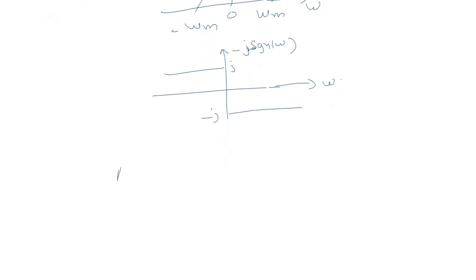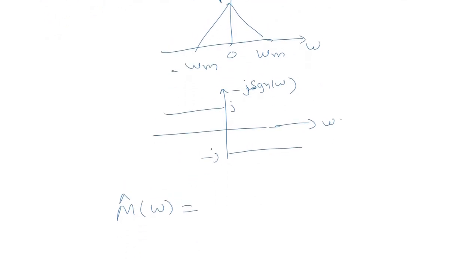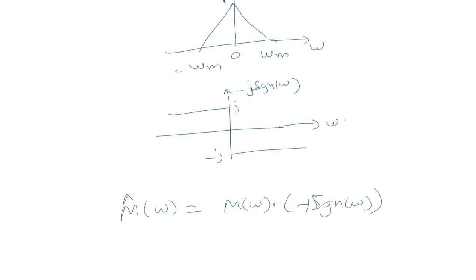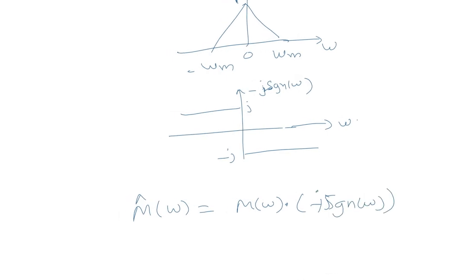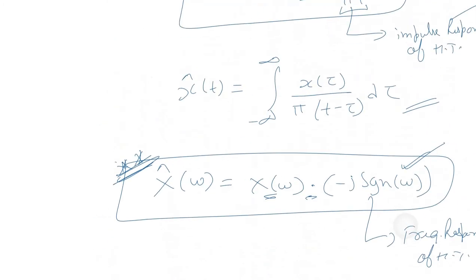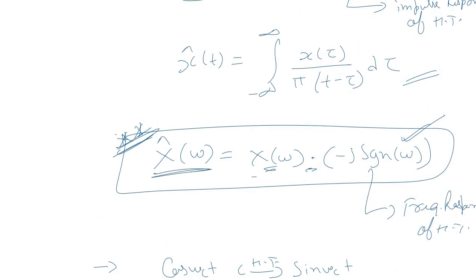Now we know M hat(omega) is what? M hat(omega) is M(omega) into minus j signum omega. We've already seen this relationship, because minus j signum omega is the frequency response of the Hilbert transform.